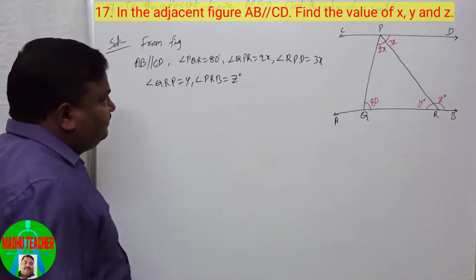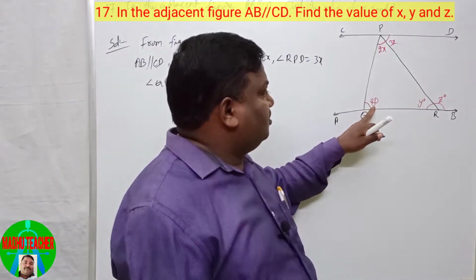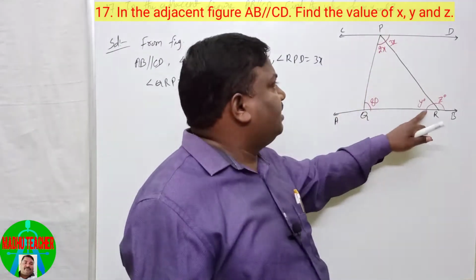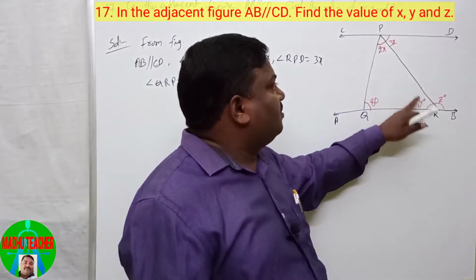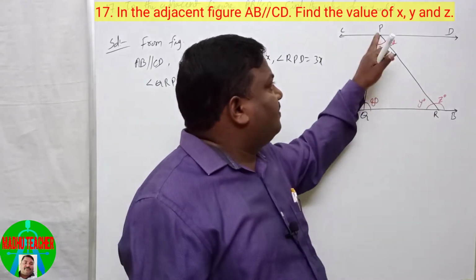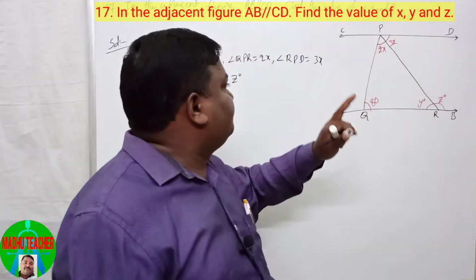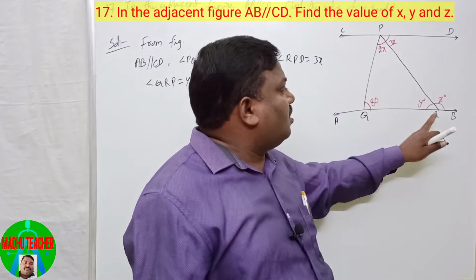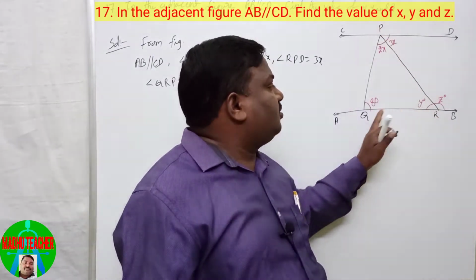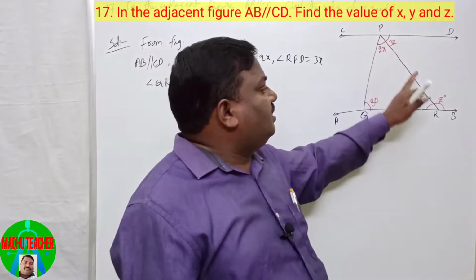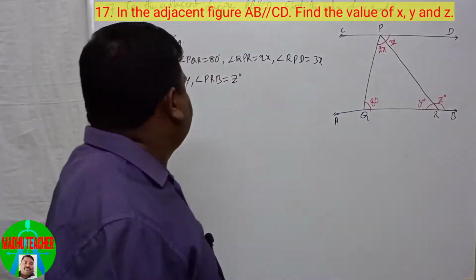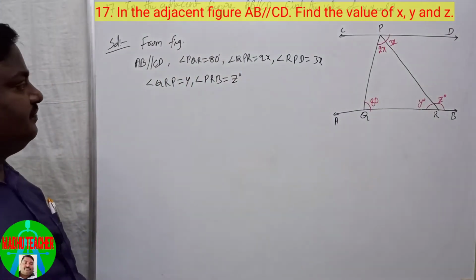These are given. PQR equal to 80, QPR equal to 2x, RPD equal to 3x, QRP or PRQ equal to y degrees, PRB equal to z degrees. So this is the given data.